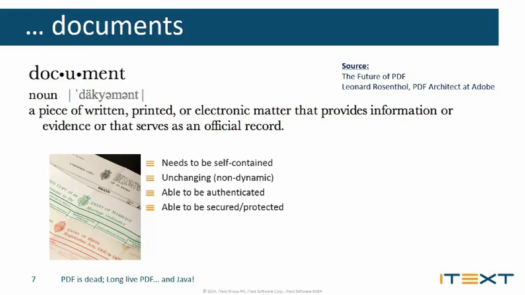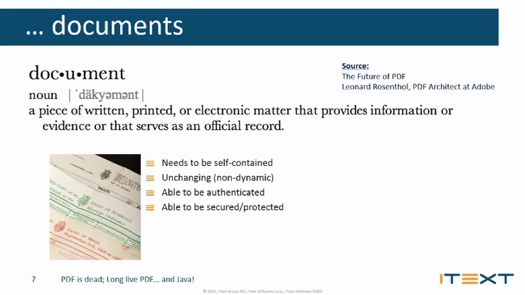Whereas a document is a piece of written, printed, or electronic matter that provides information or evidence that serves as an official record. A document needs to be self-contained. If you make a contract, or if you have a diploma, it's not supposed to change. So it's non-dynamic. You also need to be able to know who wrote the document.